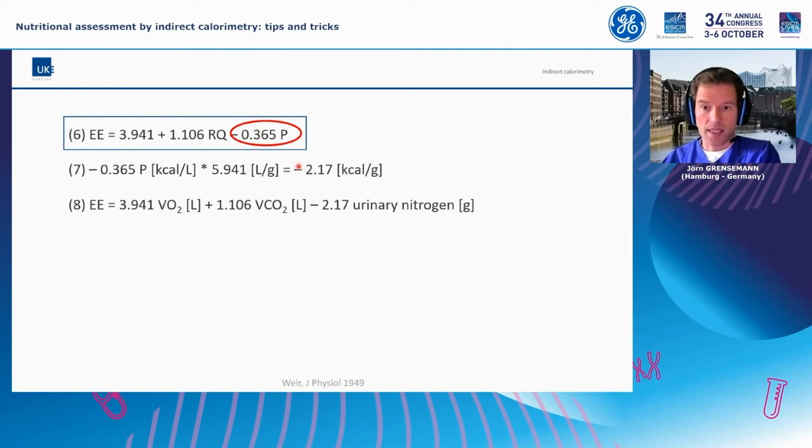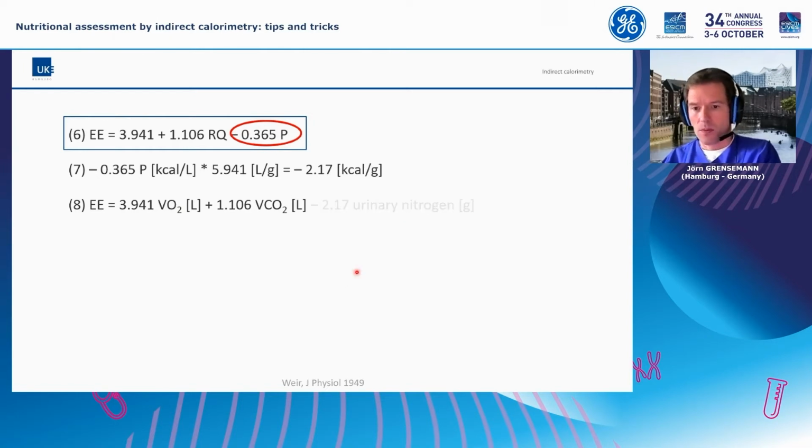So this has to be subtracted in this formula, and if we convert it to a daily release of carbon dioxide and oxygen uptake, we get this protein correction term in grams.